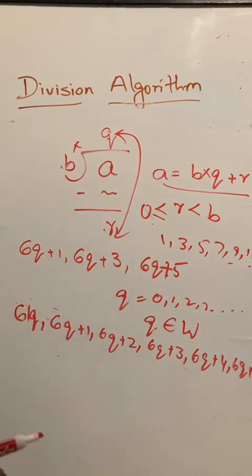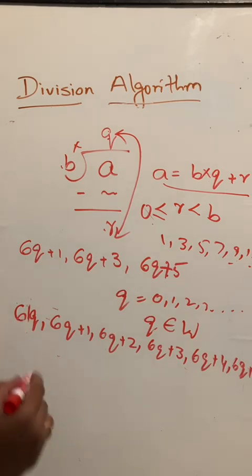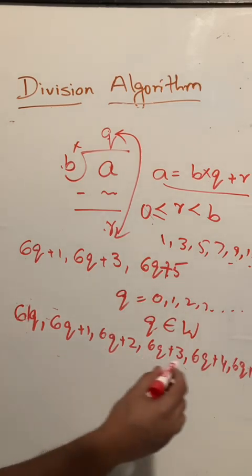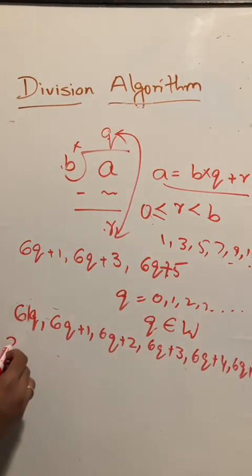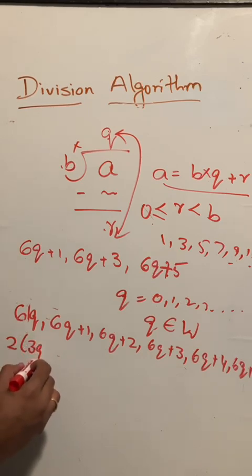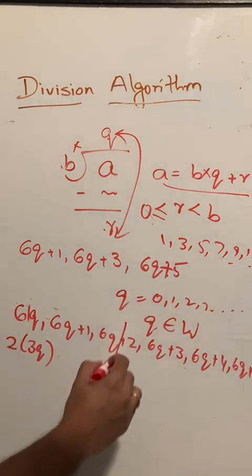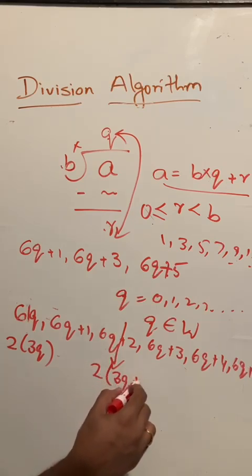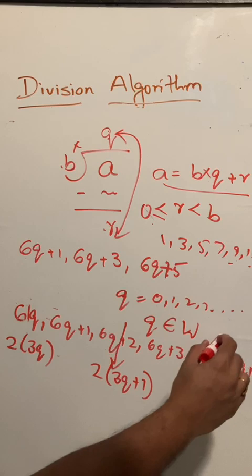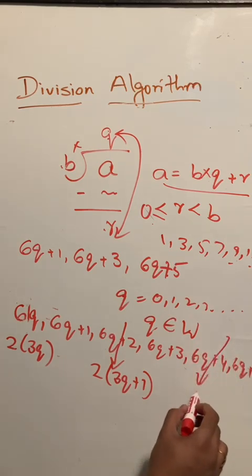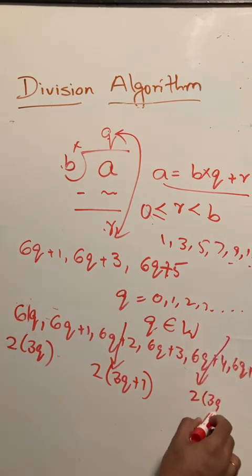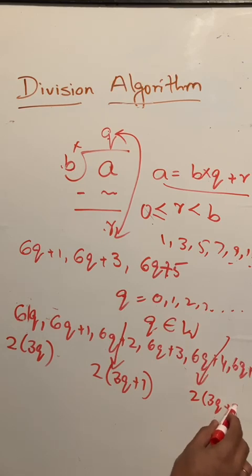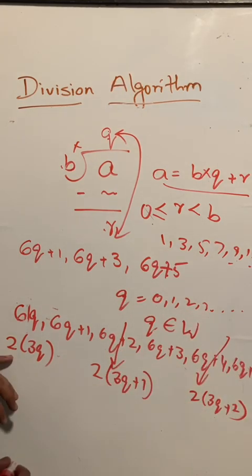Okay, if we look at this, this one will be 2 of 3q, this one 2 of 3q plus 1, and this one 2 of 3q plus 2. When something is multiplied by 2, it's always an even number, isn't it?